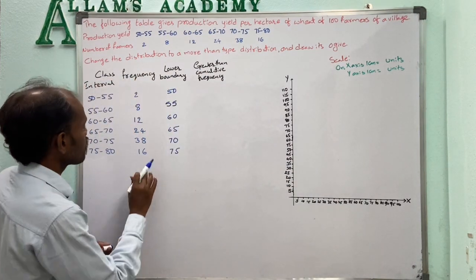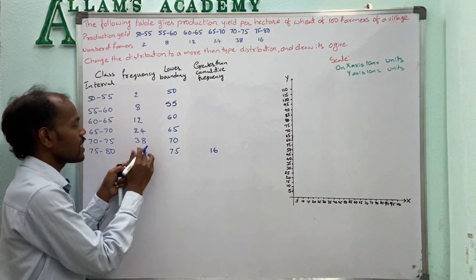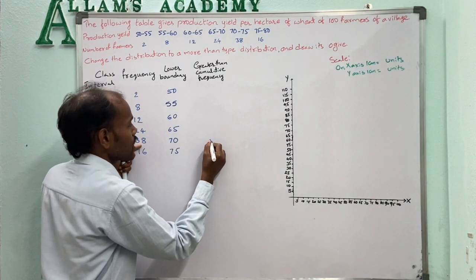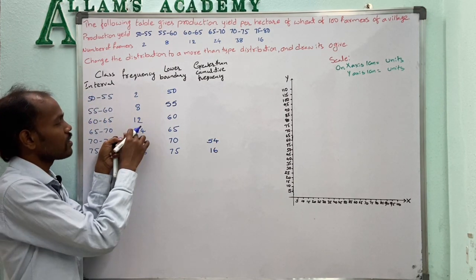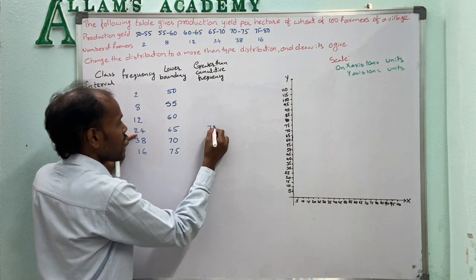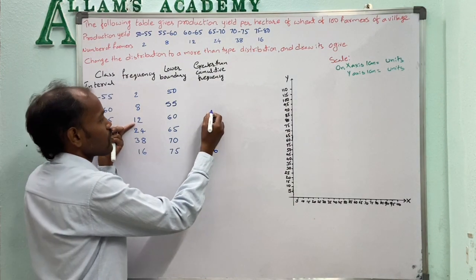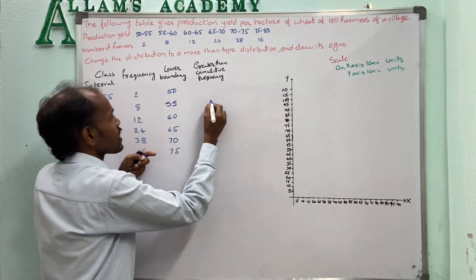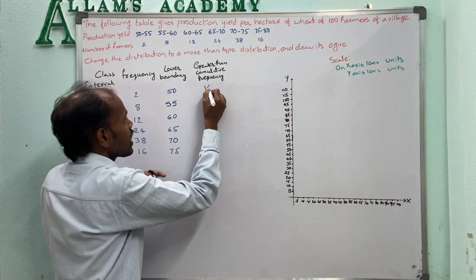The first value is 16, taken as is. Next, 16 plus 38 is 54. 54 plus 24 is 78. 78 plus 12 is 90. 90 plus 8 is 98. 98 plus 2 is 100.